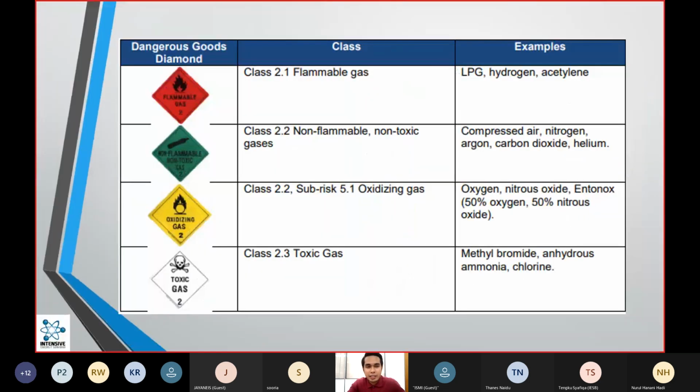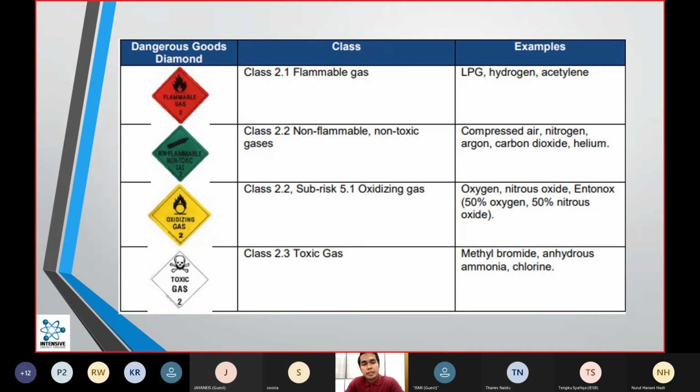So this is an example of the signs, the labels for flammable gas, non-toxic, oxidizing, and others. This is the basic one for class 2.1 flammable gas.